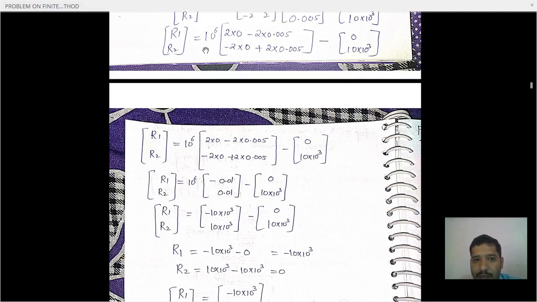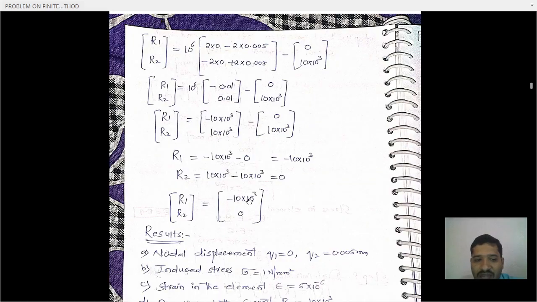Here 2 into 0 is 0, and minus 2 into 0.05 is minus 0.1. Minus 2 into 0 is 0, plus 2 into 0.05 is 0.1. So the matrix gives 0 minus 2 into 0.05, which is minus 0.1.